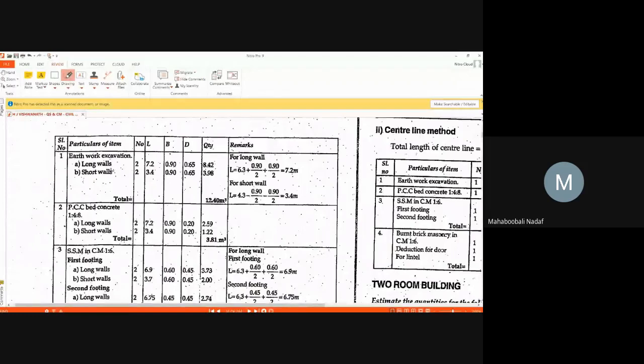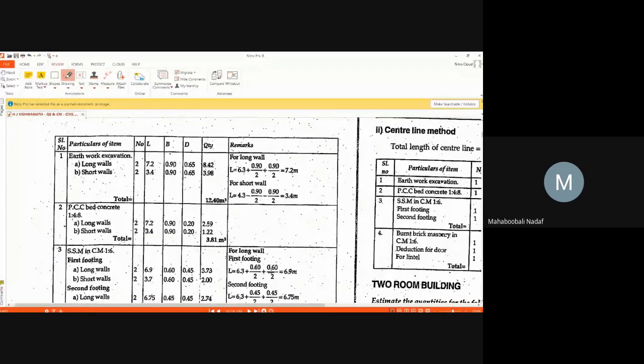Similarly, the short wall length of that item is obtained by the initially calculated center to center distance minus half of the width of that item, again minus half of the width of that item, where the width of that item is very, very important. These deductions are going to change when you go for the next items.